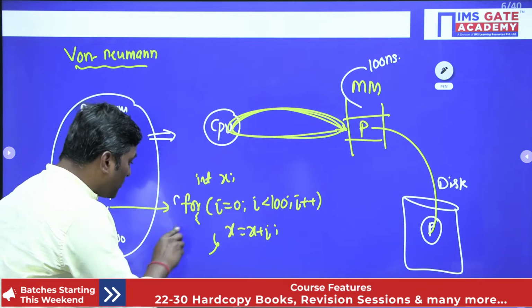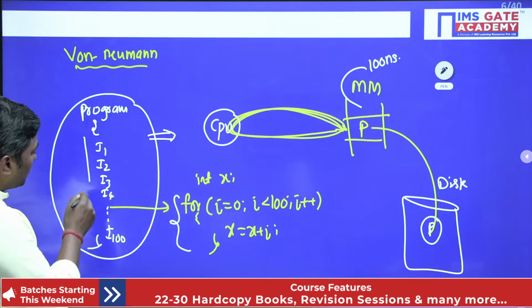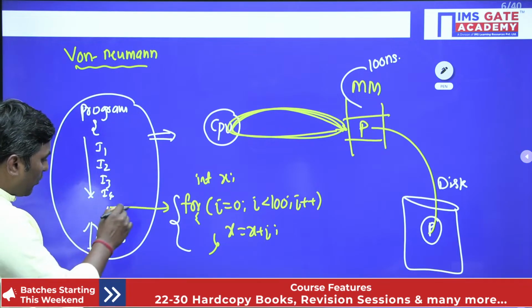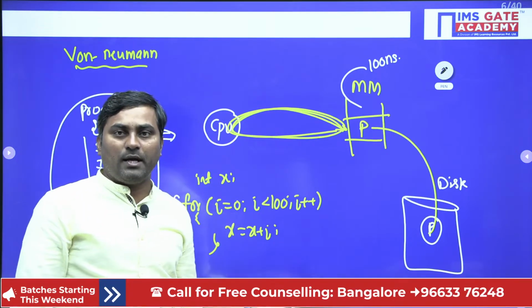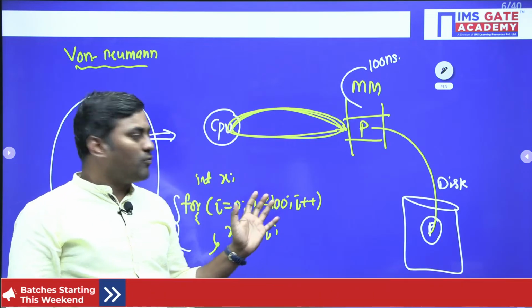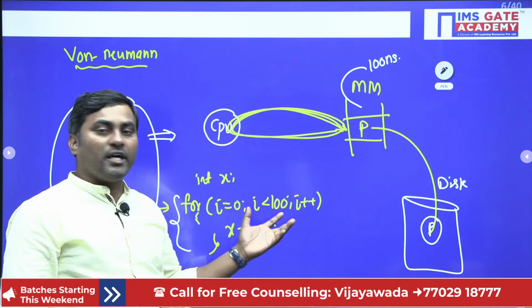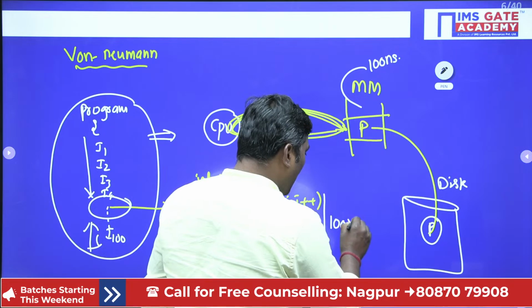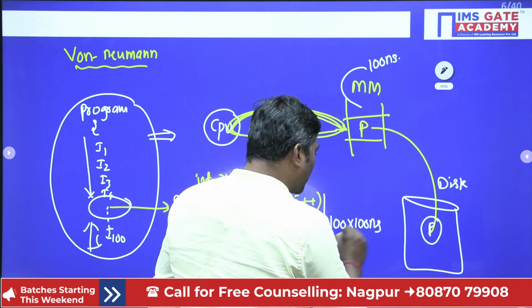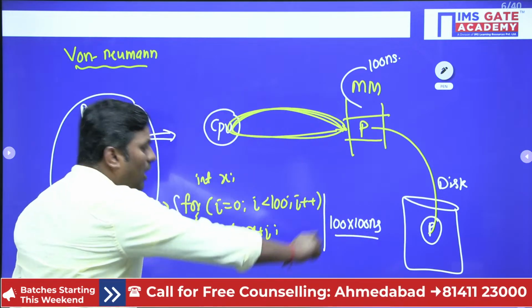I am only looking at this part of the code where the loop is present, which is repeated several times. So 100 into 100 nanoseconds time is required to run the particular program only, right?